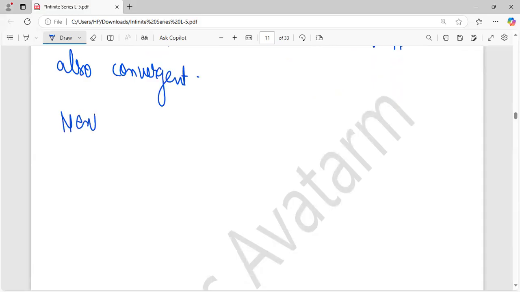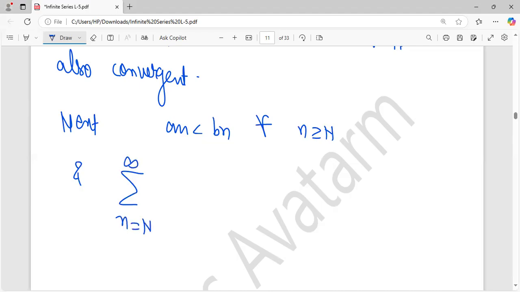Next, An is less than Bn for all n greater than capital N, and this series summation Bn is convergent.